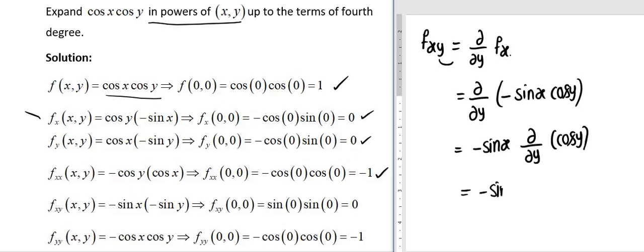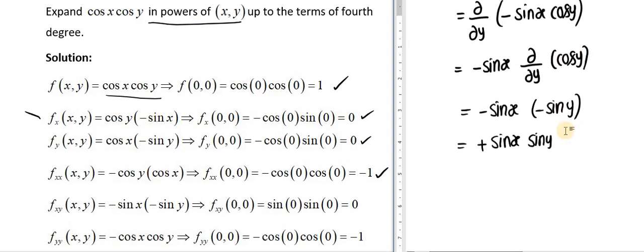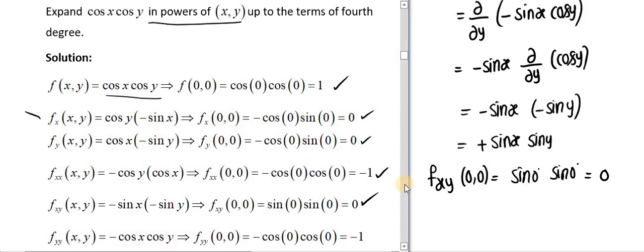The differentiation of cos y is minus sin y. Minus into minus is plus. Sin x into sin y is the value of fxy. Now fxy at 0, 0 is sin 0 into sin 0. But sin 0 is 0. 0 into 0 is 0. That's why fxy is 0.